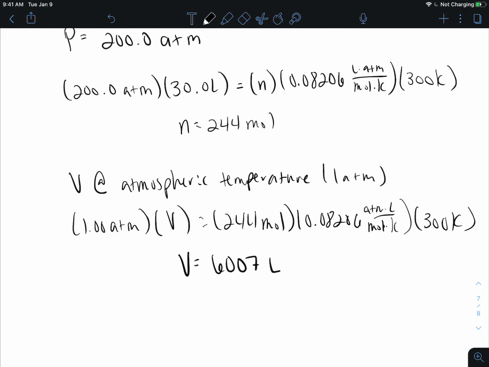So if we allow that 30-liter container to expand out, it would be 6,007 liters. Okay, that is everything.